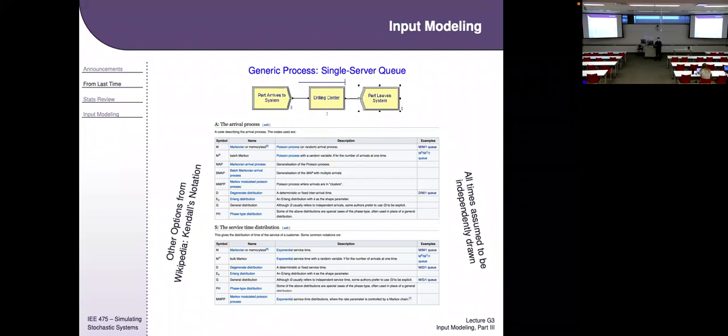As you start working with queuing systems in your jobs as operations researchers, you're going to be asked how the parts arrive, how the customers arrive, how they're distributed. It's not just that you got the logic right, it's that you've got these distributions right. So that becomes really important.